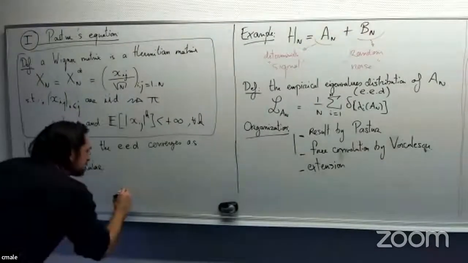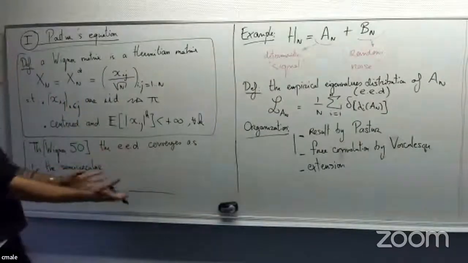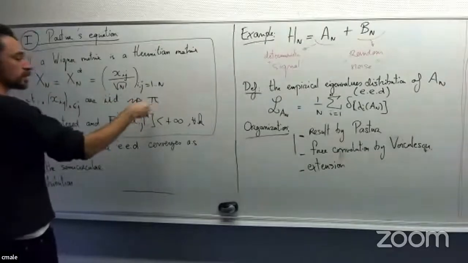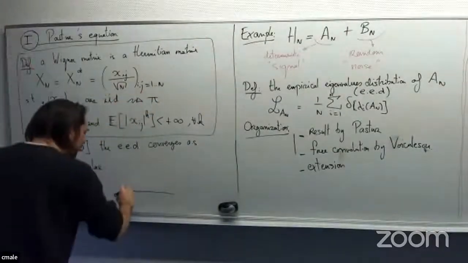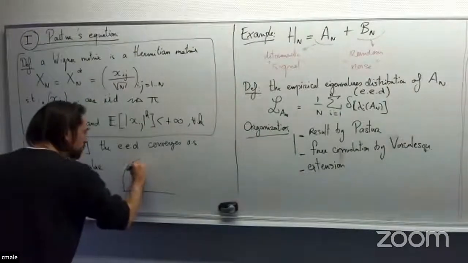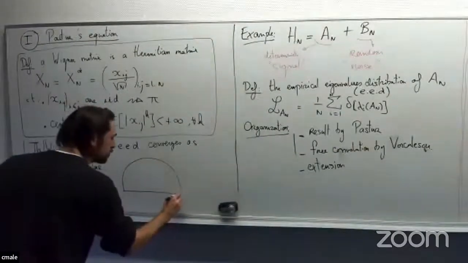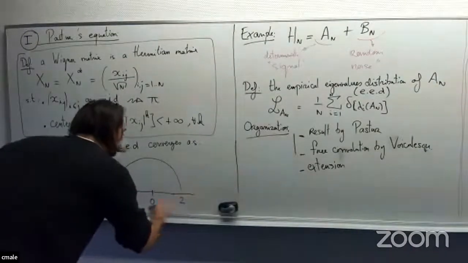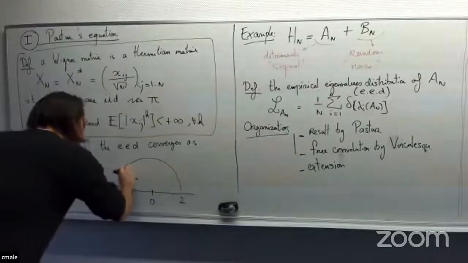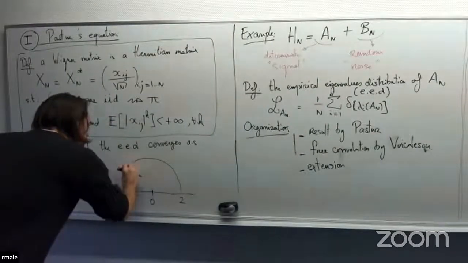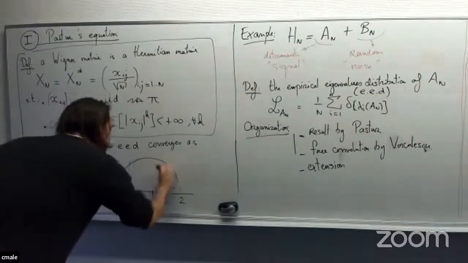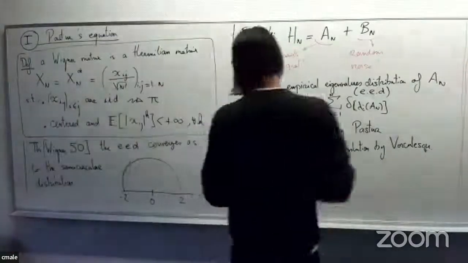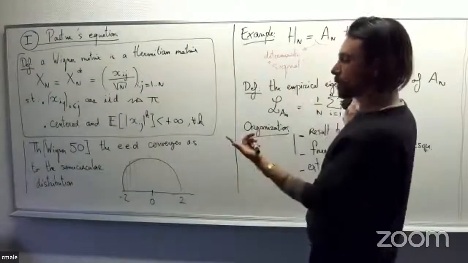This means that if you do a histogram of the eigenvalues of this matrix, which you can sample only by choosing the common law of the entries pi, you will see that this histogram is very close to the semicircle.